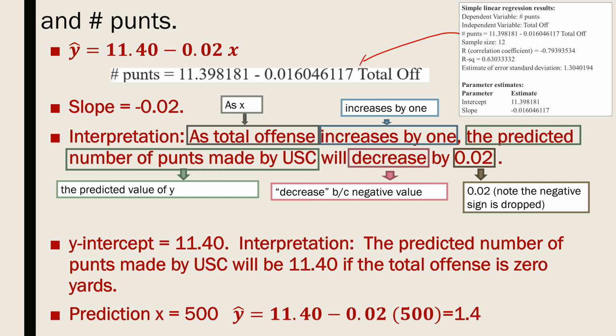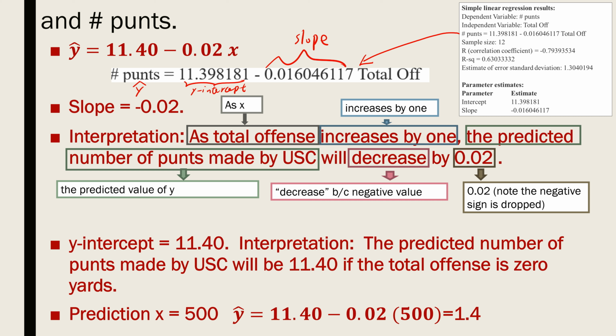This is the StatCrunch output for a simple linear regression between number of punts and total offense. Number of punts is y hat. This number is called the y-intercept. This is the slope. Slope is approximately negative 0.02.